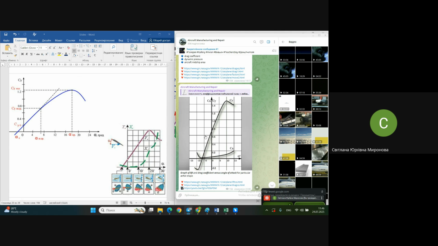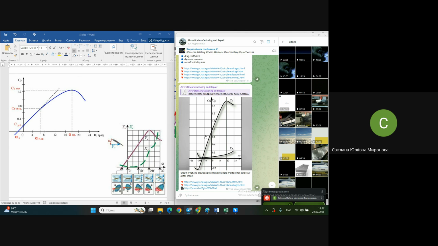Above all, we have drag due to friction, air friction over the surface. Next, we have drag which may be induced by this turbulent boundary layer. It's already another type of drag. It appears at some moment only, depending on the angle of attack.